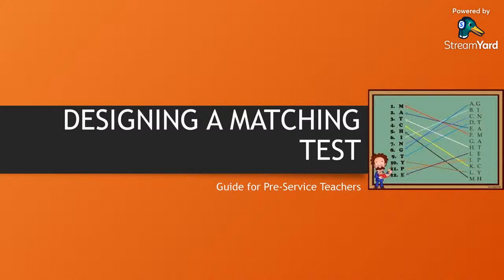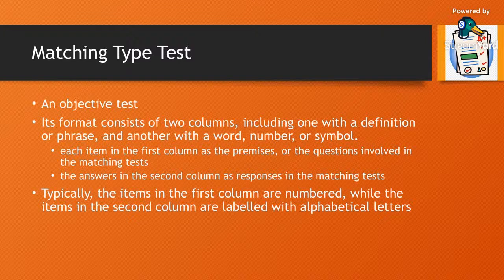So we start now. When we talk about a matching test, this is another objective type of test. Usually a matching type test measures understanding and remembering, but if you increase the difficulty of a matching test, it could also measure higher order thinking skills.